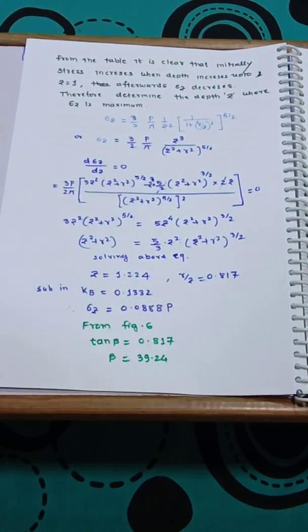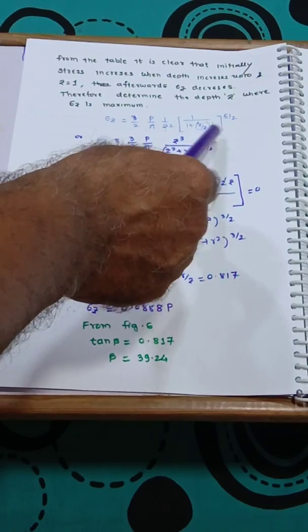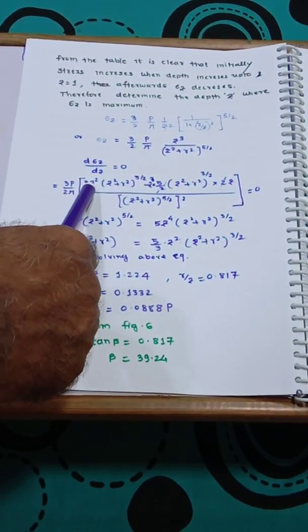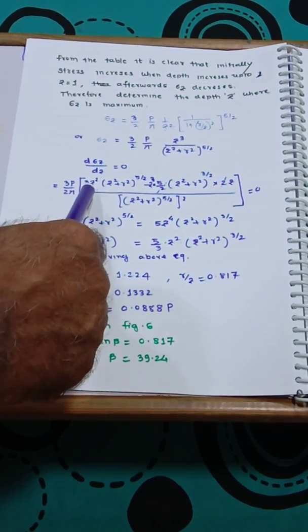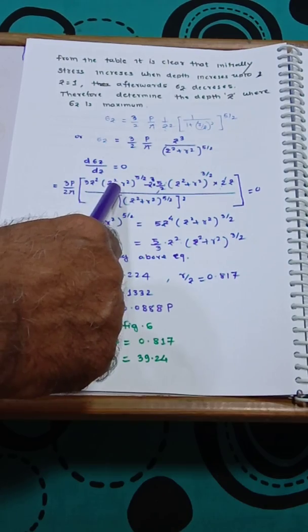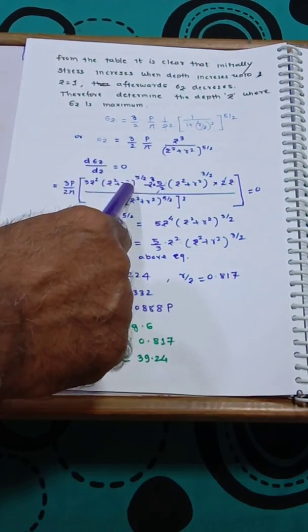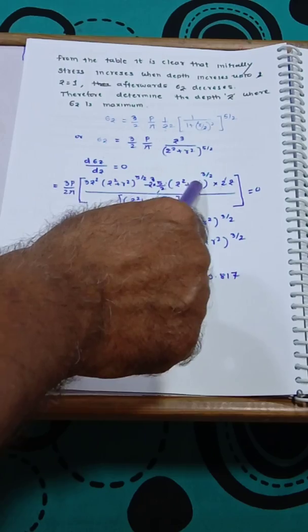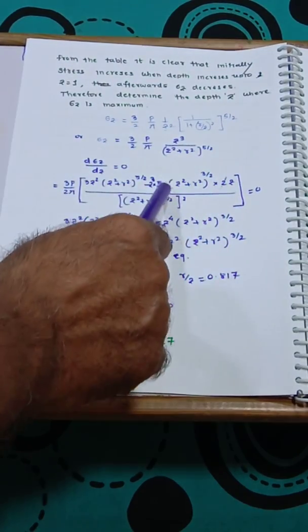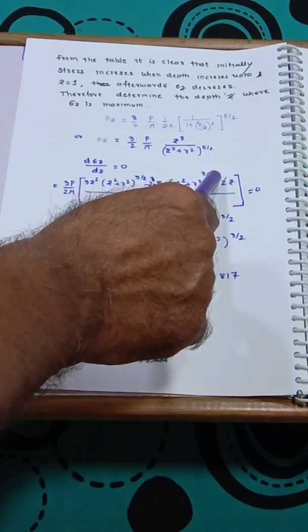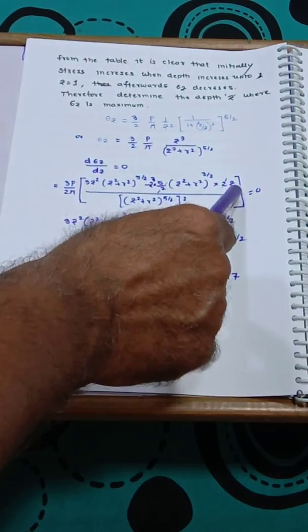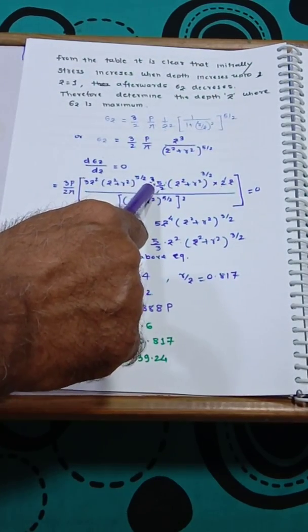So it is a differentiation of a upon b. This term is a and this is b. So it is a very simple differentiation. Derivative of a, which is Z cube, is 3Z square, into b, minus the derivative of b, that is 5 by 2 Z square R square to the power 5 by 2 minus 1, so 3 by 2, multiplied by the a term, which I have written as Z cube.